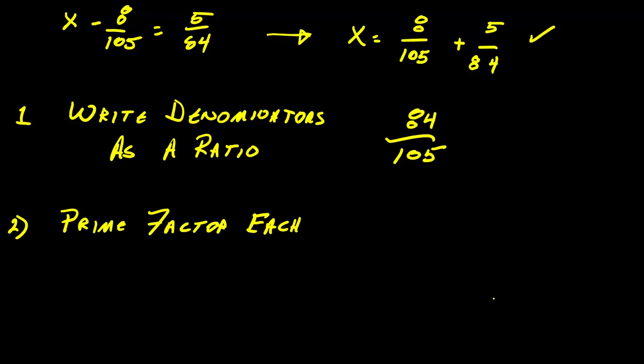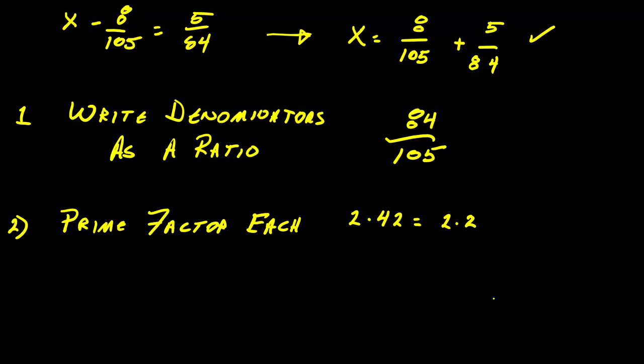Now 84 is an even number, so I'm going to first factor out a 2. 84 divided by 2 is 42. I'll factor the 42 now. I'll keep that first 2. 42 is an even number.